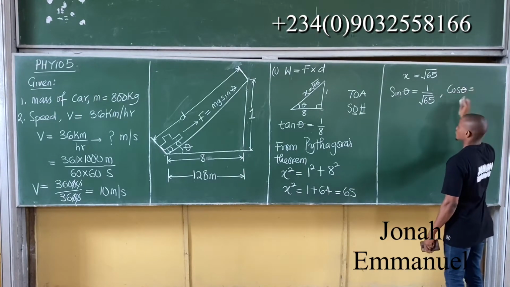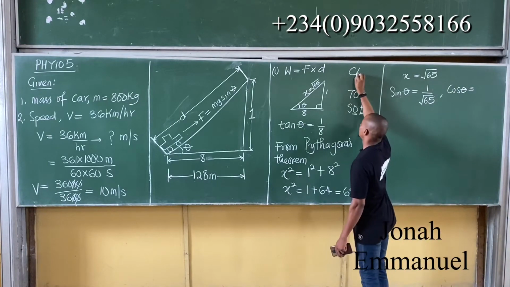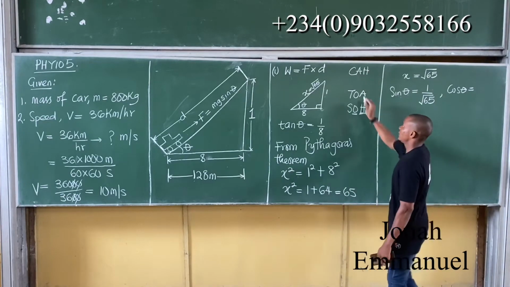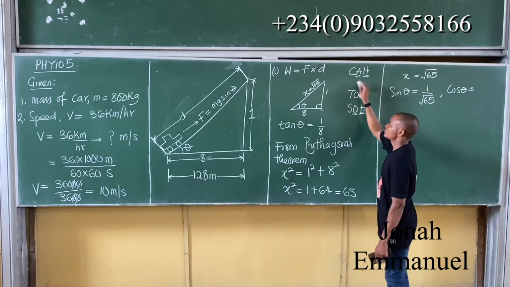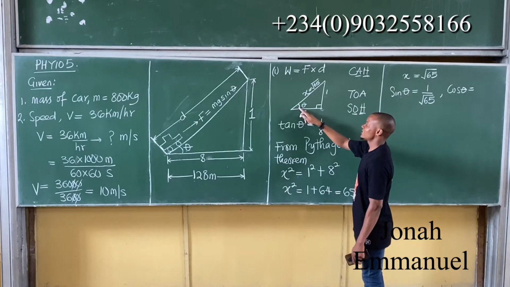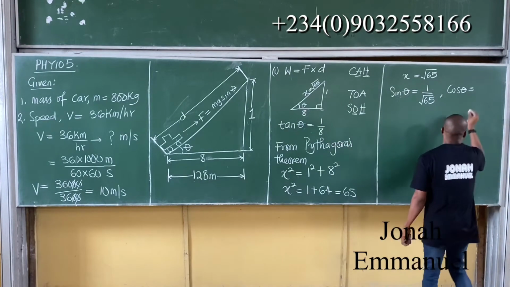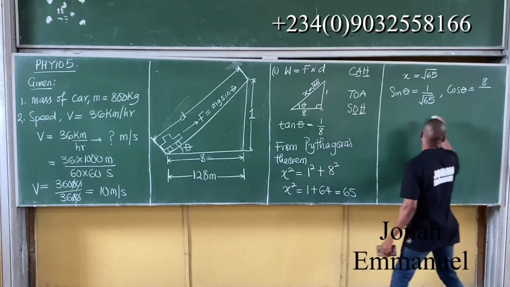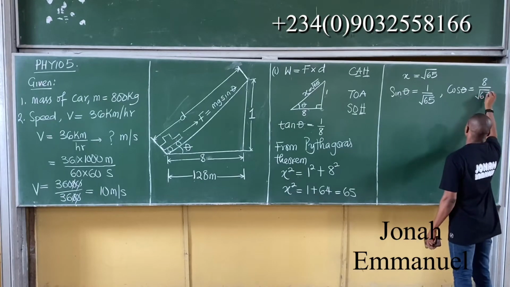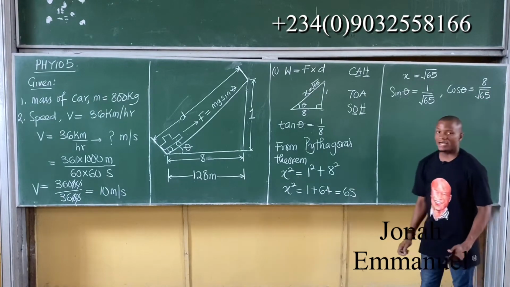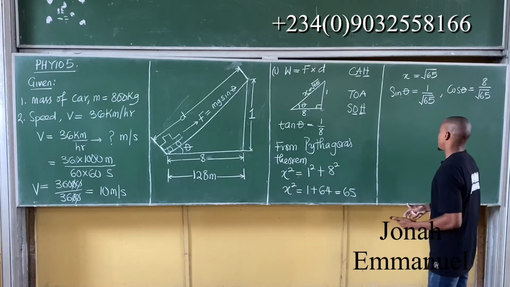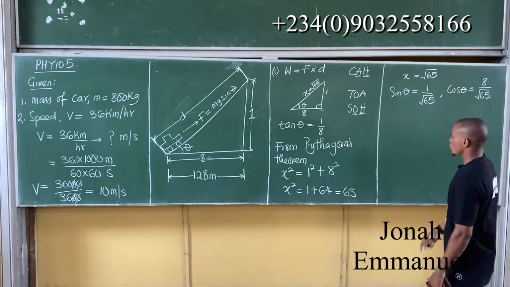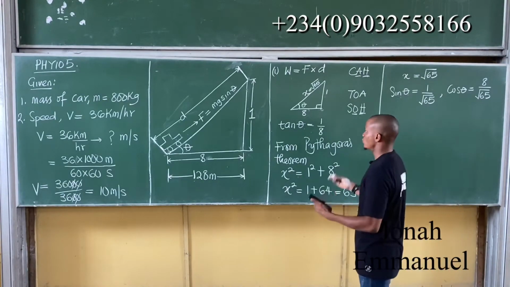Cos is adjacent over hypotenuse. If I take adjacent, that's this part here, it becomes 8 all over hypotenuse, that's root 65. So I have that tan theta is 1 over 8, sin theta is 1 over root 65, and cos theta is 8 over root 65.